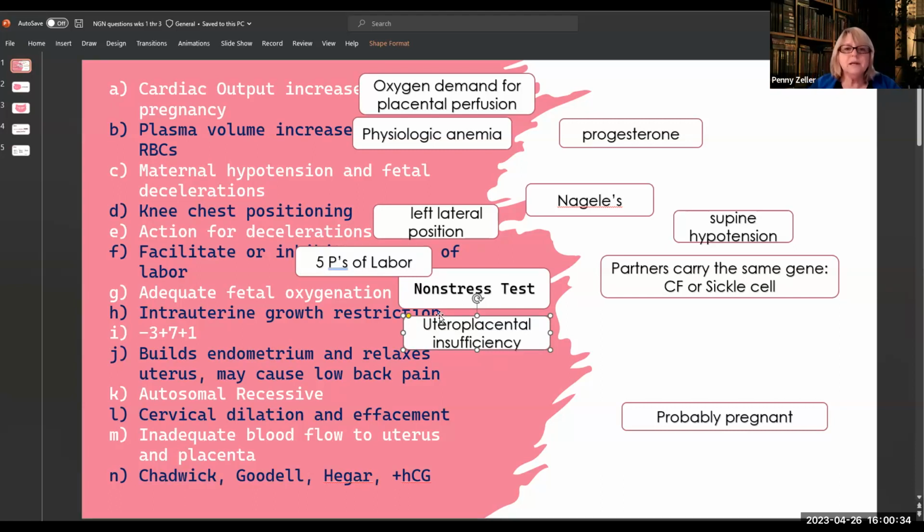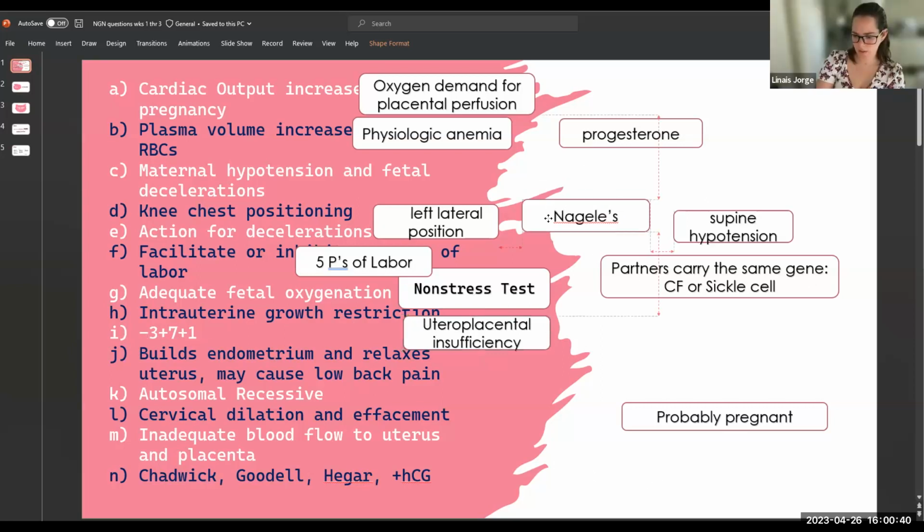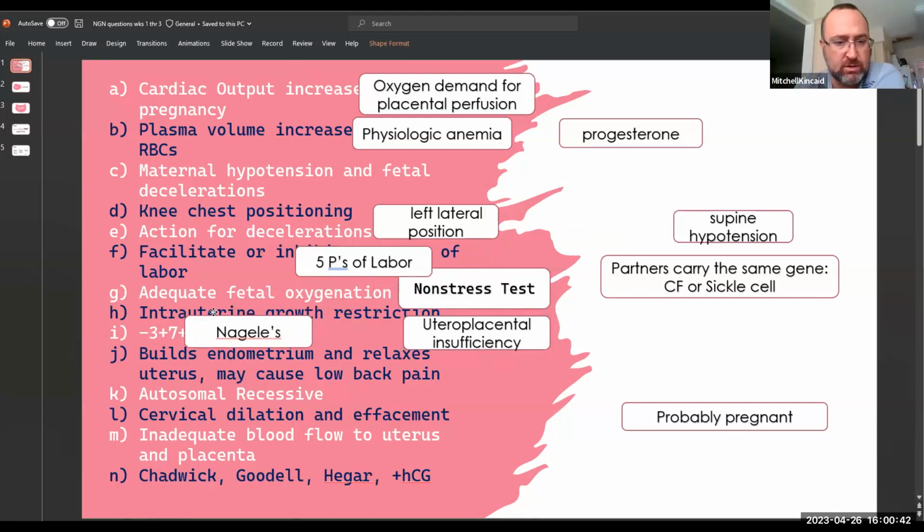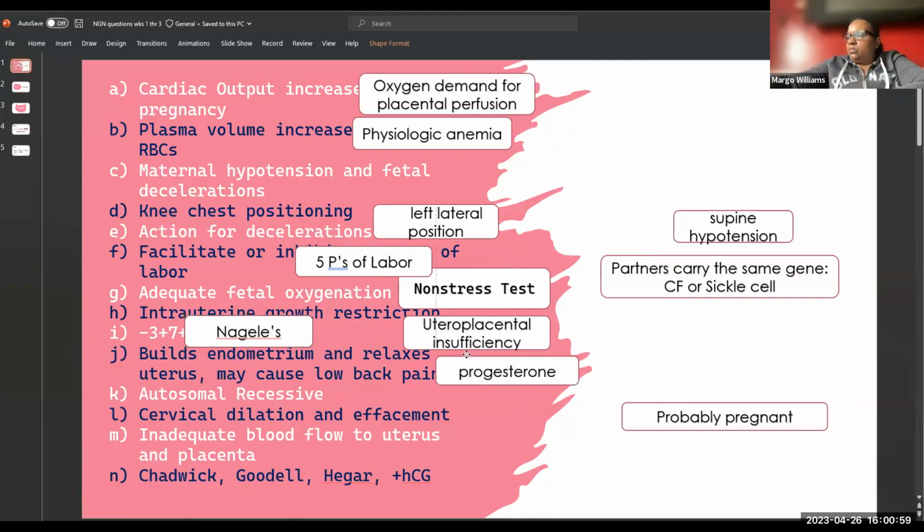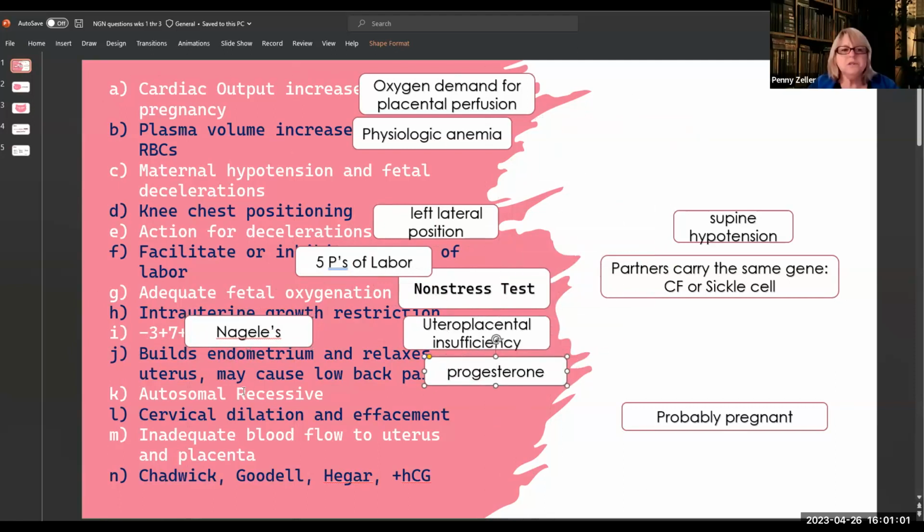Okay, so what is -3 + 7 + 1? Nagel's rule. What builds the endometrium, relaxes the uterus, and may cause low back pain? Progesterone? Yep. What's the term autosomal recessive referred to?